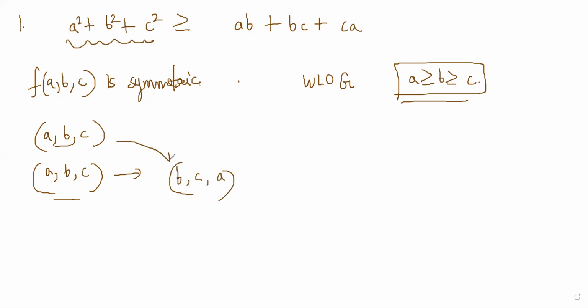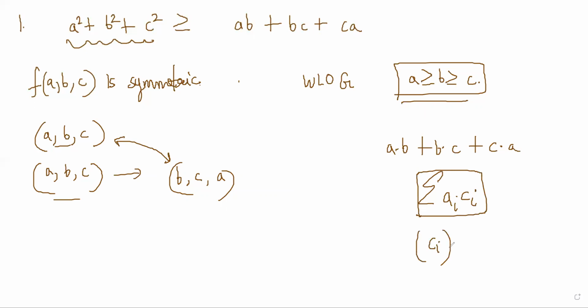Then we know that the product of AI and CI, which is A into B plus B into C plus C into A, is basically the middle term in the rearrangement inequality that I had written. CI is my permuted sequence, which is BCA, right? Rearrangement inequality establishes some bounds for this.